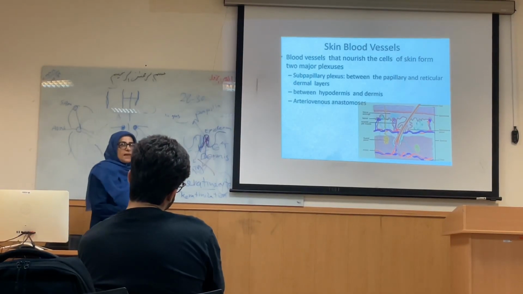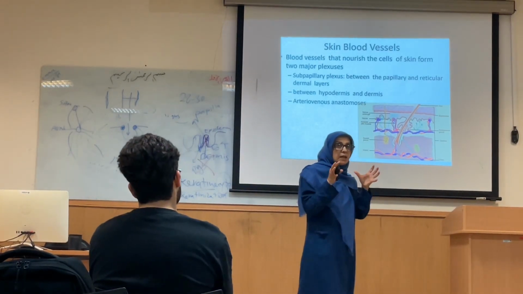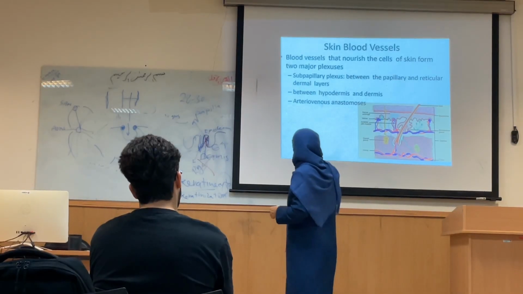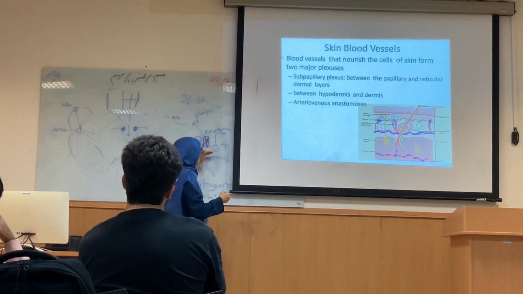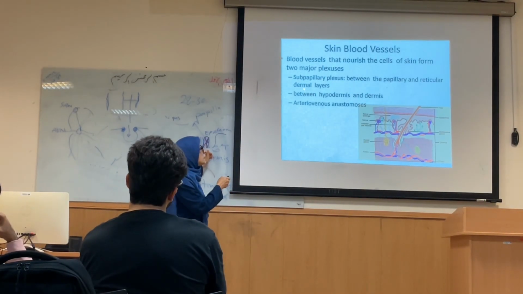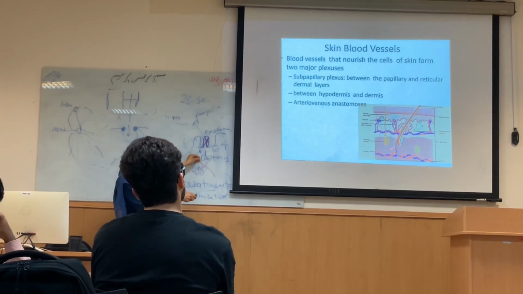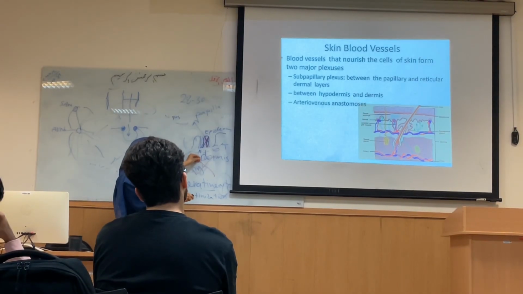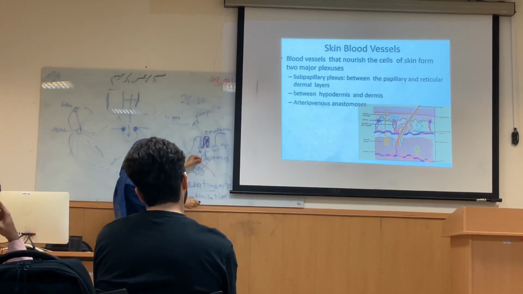The blood vessels in the dermis form a network. Yes, one plexus is between the epidermis and dermis, and another one between the dermis and hypodermis.